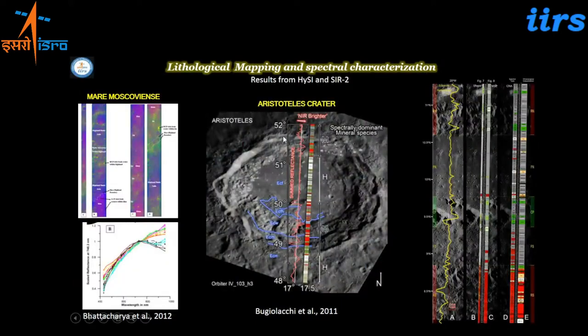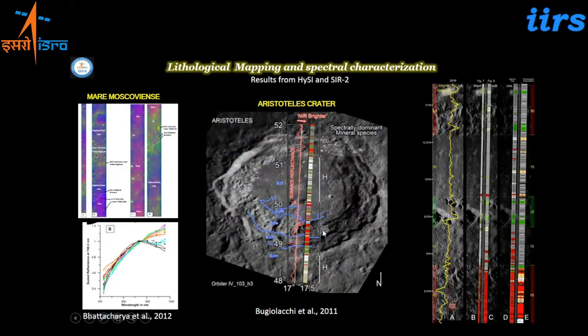So besides M-Cube, other sensors, HySI and SIR, were also used for compositional mapping using various spectral band parameters. Because of the limited range of this HySI data, the spectral band parameters were used for compositional mapping of the pyroxene variability based on the spectral curve and other parameters.